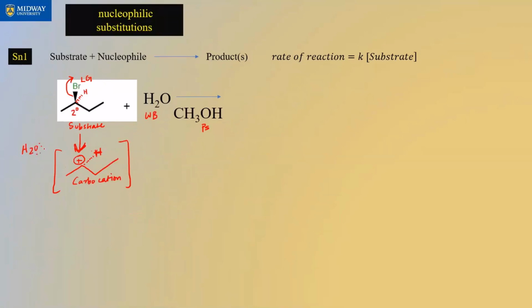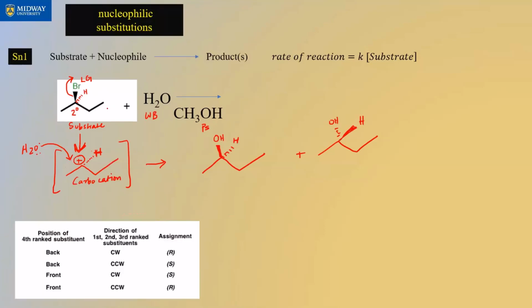The leaving group leaves first, and then the nucleophile attacks. The O attacks here, and then leads to the product, which is basically the same thing as the previous case, but you'll have 50% of each. We don't need to worry about whether this is R or S yet, but we still have to determine the products: one where it's swapped, and one where it stays the same. Using the chart, these are the two products.